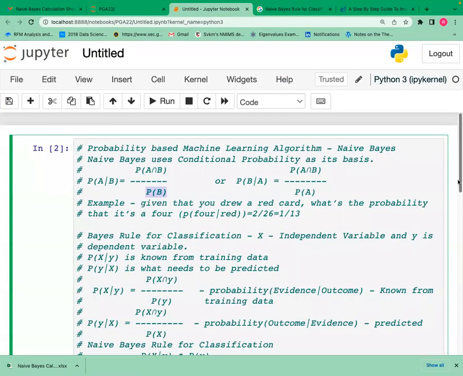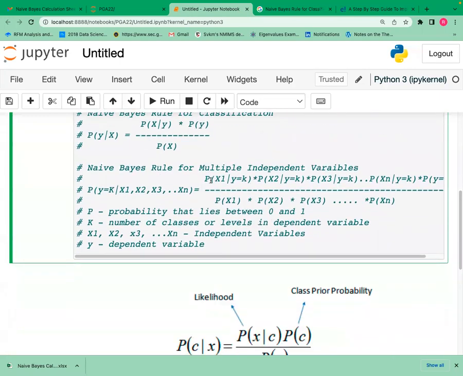If you look at the multiple thing, probability of x1, y is equal to k. That given y is equal to k means you have to take the row only. It has to be row only, not column.